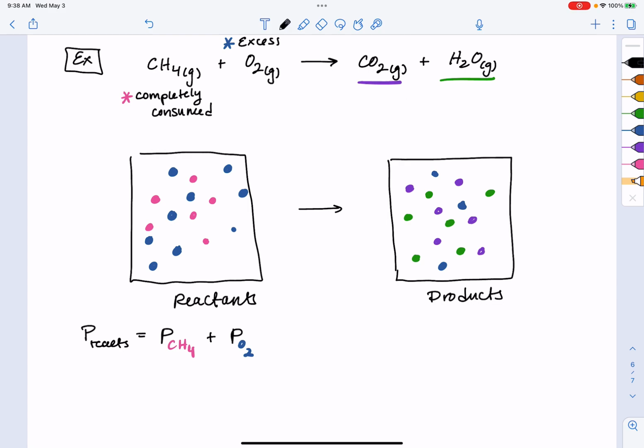And then in my products, this is a mixture of now 3 gases. I have my product carbon dioxide gas. So the total pressure in that product vessel is the pressure of carbon dioxide plus the pressure of my water vapor plus the pressure of my leftover oxygen.